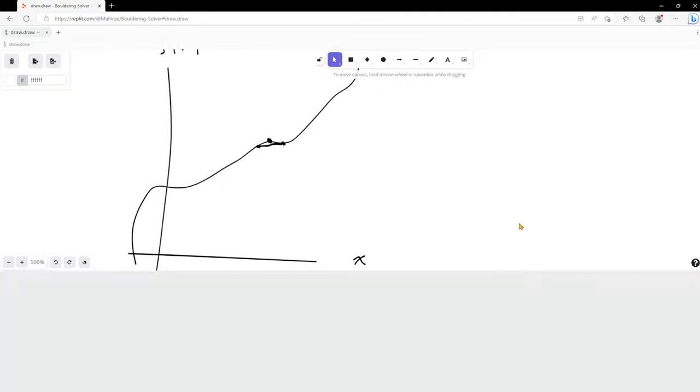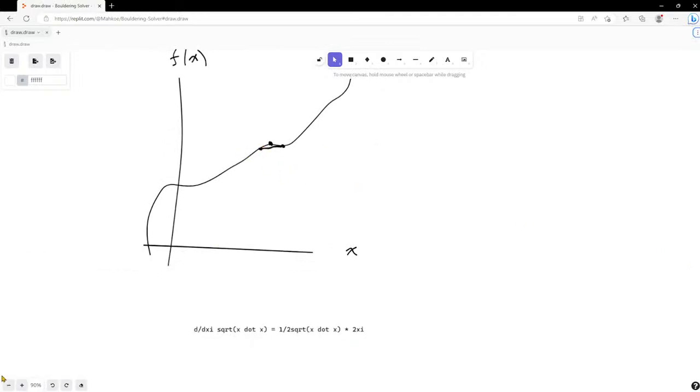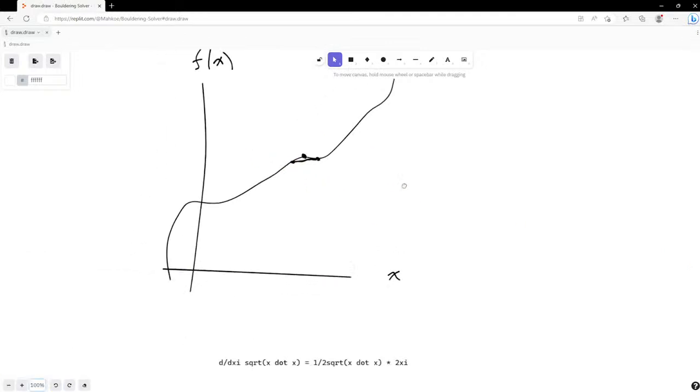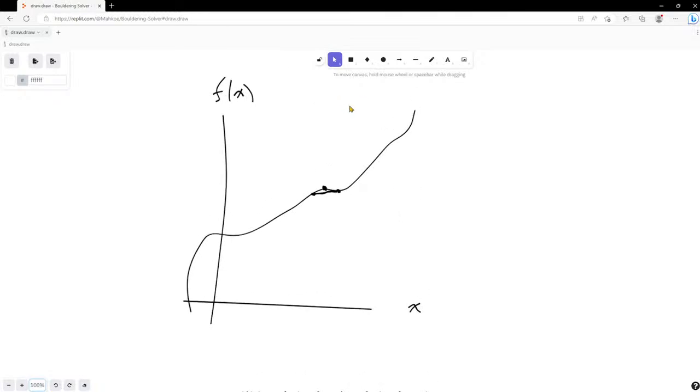This is annoying. Okay. So we try a couple of points on the function.